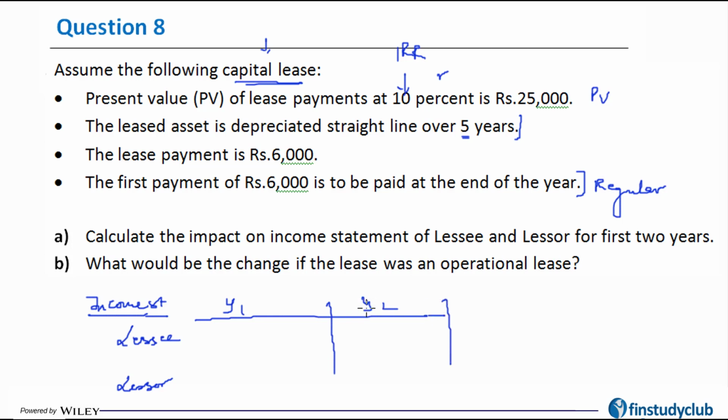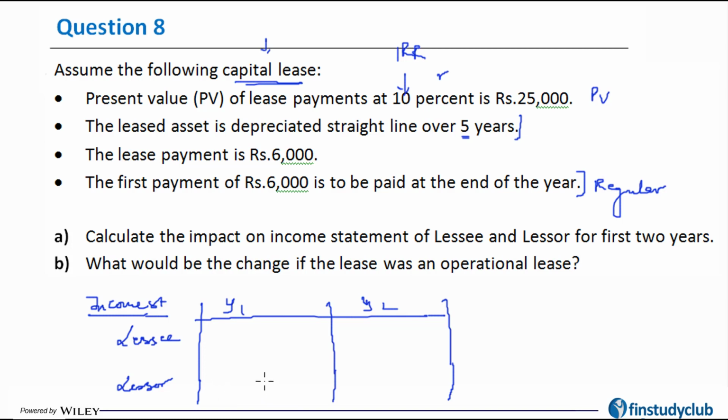Now these questions are very easily done if you know the fundamentals and the formulas behind it. So you would recall that in case of the lessor, in case of a capital lease, it's only the interest income that comes up. So for that I will have to make a quick table, and to calculate the interest part, that will have to be borne by the lessor here.